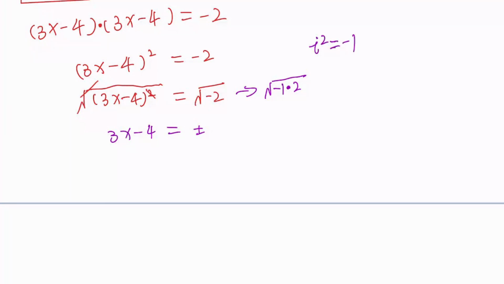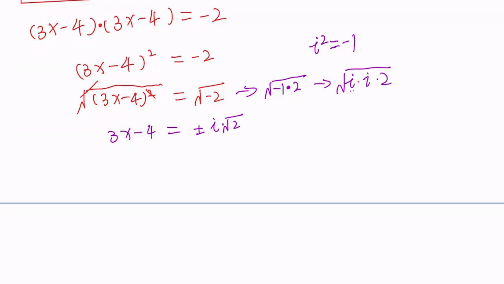So this is actually i times square root of 2 for the square root of negative 2. So then we can factor out this i, right? And leave the square root of 2 here since 2 is not a perfect square number. So this is plus or minus i times square root of 2.